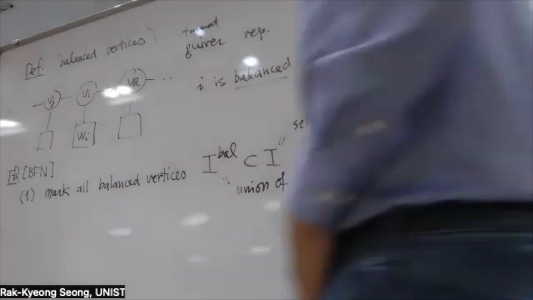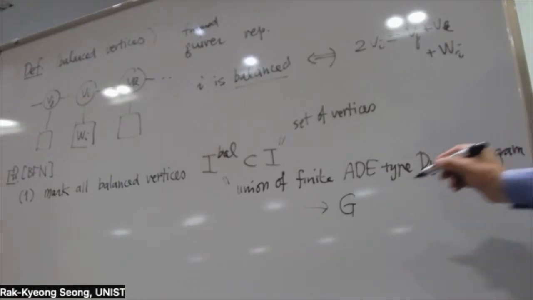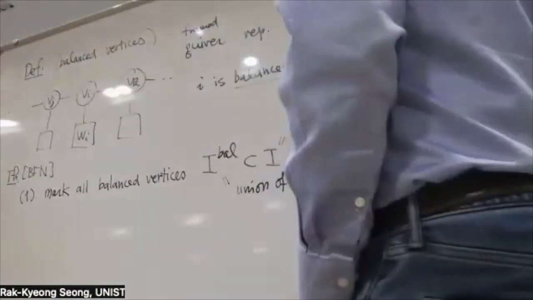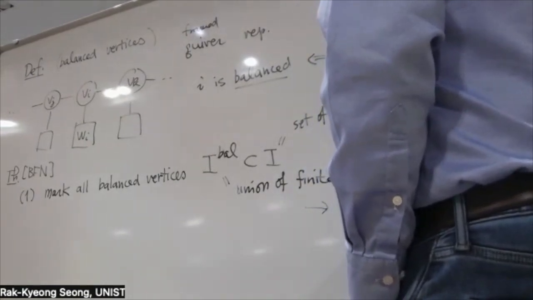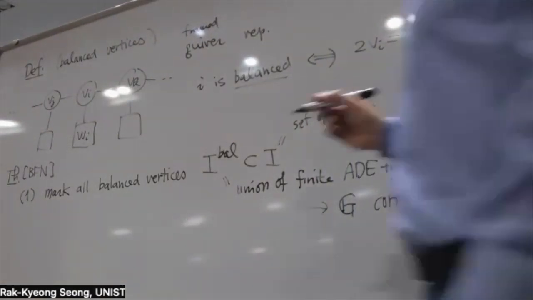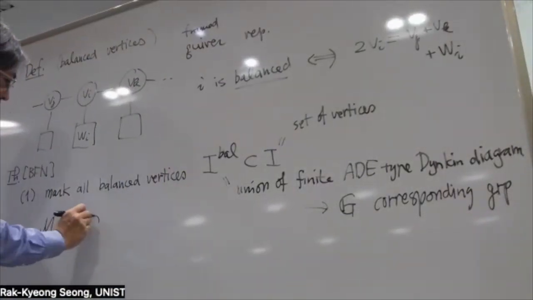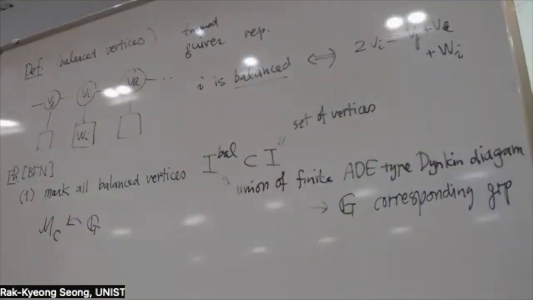So then I have the corresponding group of simply connected type. So maybe this G should be different from this G, the corresponding group. Then our claim is the Coulomb branch MC has an action of G. So this non-abelian group acts on the Coulomb branch.